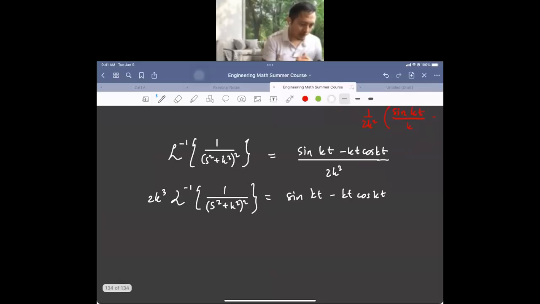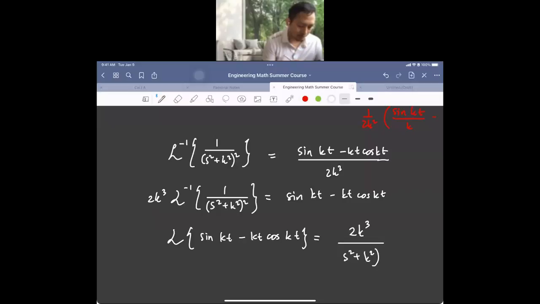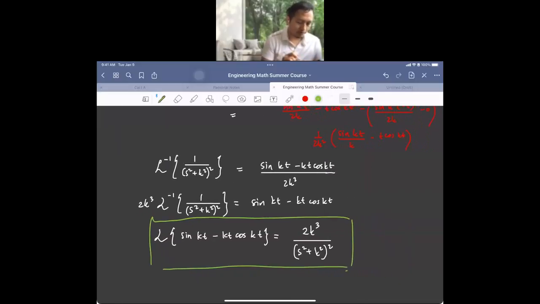So from here we can also say Laplace of sine kt minus kt cos kt is equal to 2k cubed divided by s squared plus k squared, squared, and this becomes one of the very important Laplace transforms.